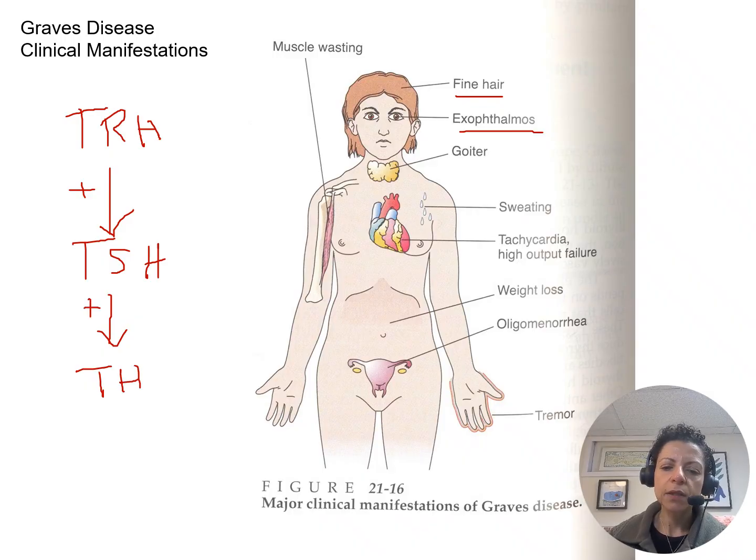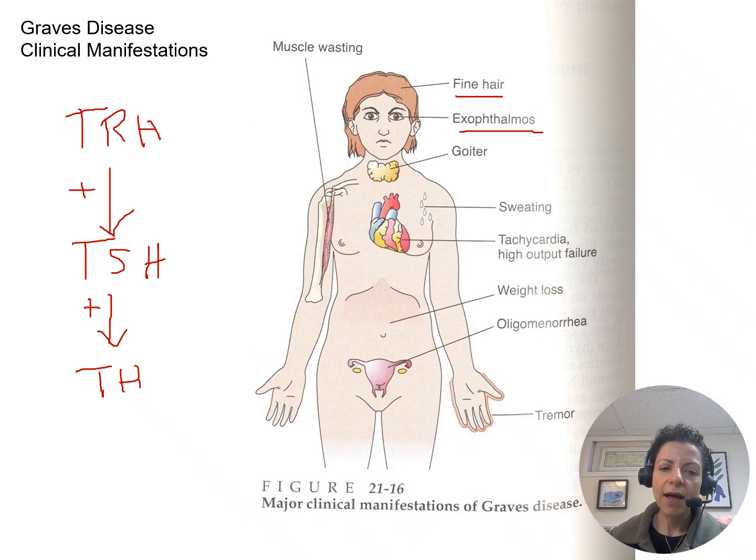Now, when we see Graves' disease, we're not seeing impaired production of TRH, we're not seeing impaired production of TSH or of thyroid hormone.